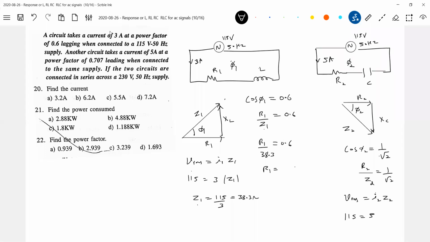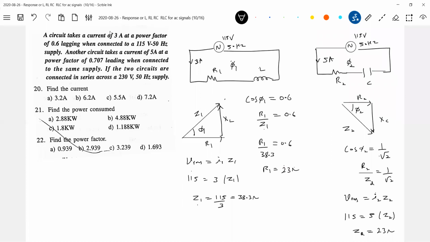This is 5. I'll get the Z2. Twenty-three ohm, Z2. No, what about R1? R1, anybody? 22.98, sir. Shall we make it 23?